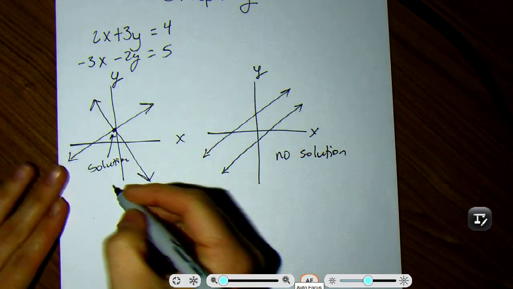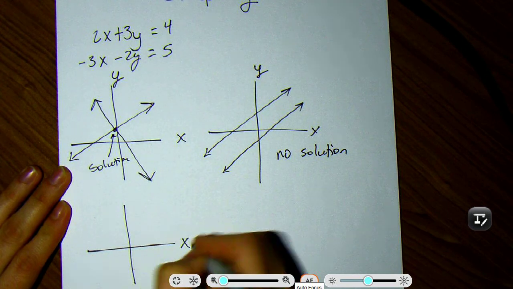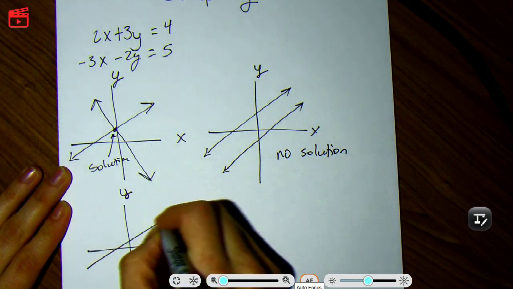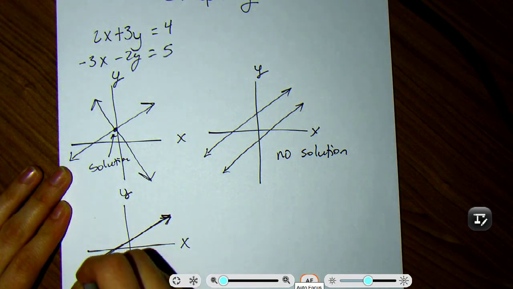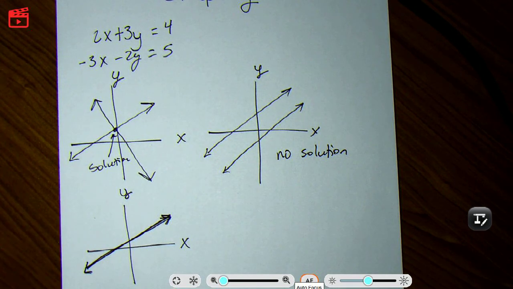And the third possibility is that I end up with the same exact line. So we could have two equations in the system, but one could just be a multiple of the other one. In that instance, we would have just one single line.